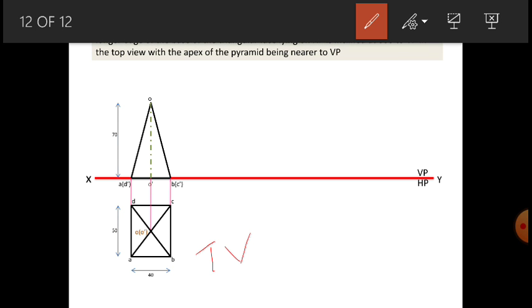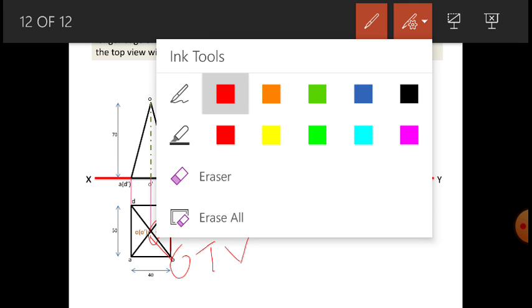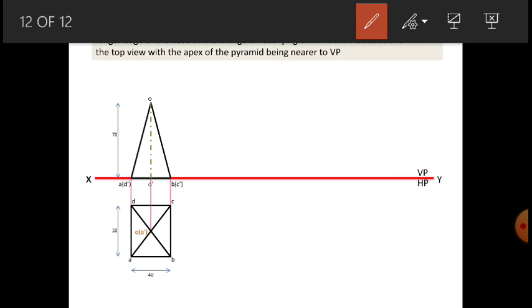This is your edge BC, this is your face, right? This is your B, this is your O, this is your C. That is your triangular face. So you are going to rest it here like this.